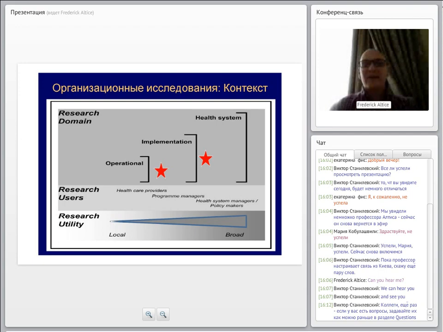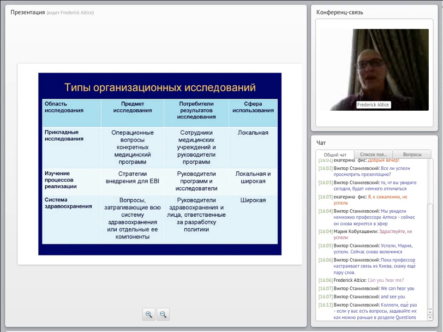In this next slide, you can see that I've tried to really break down the sorts of domains, whether it's operational research, implementation, or health service delivery, and who the focus is on, and who are the users of the findings, and what are the sorts of areas.